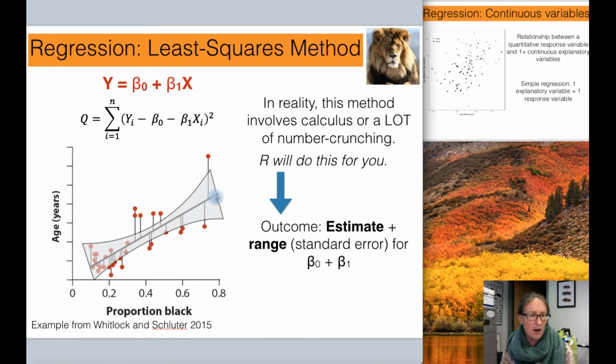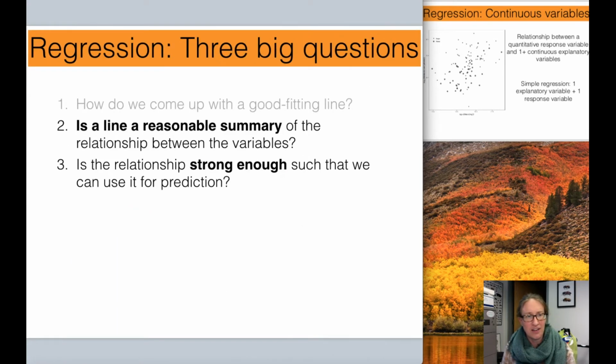So our estimate is indicated here by the solid line, and I've indicated the range around that estimate with this gray shaded area. And we don't need to get too bogged down in the range right now, but be aware that that's incorporated in regression analysis. So that's how we come up with a good fitting line, just through the methods of least squares.